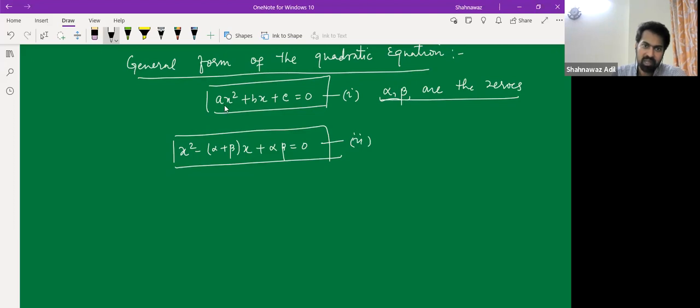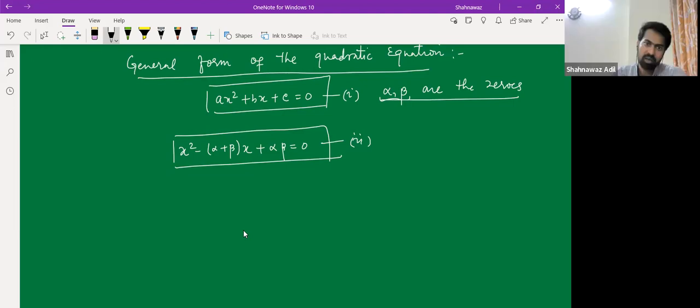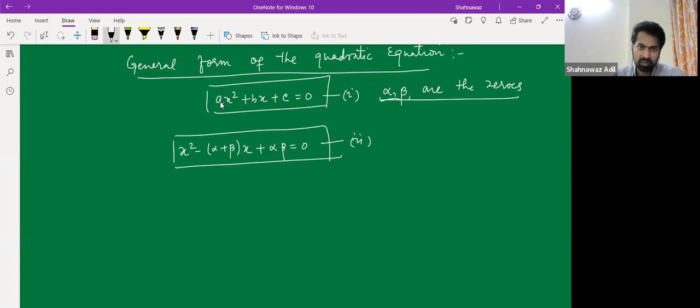So how can I make the coefficient of x square as 1 here? How can I make that?